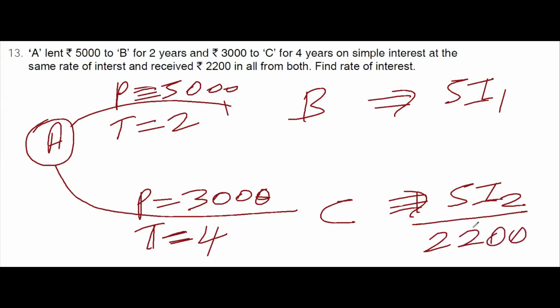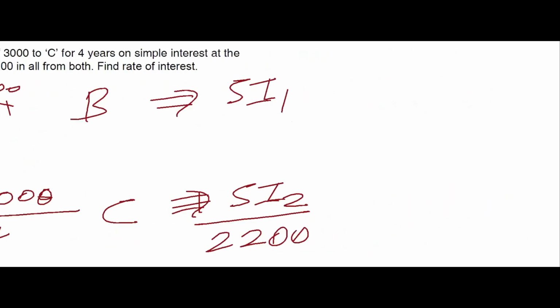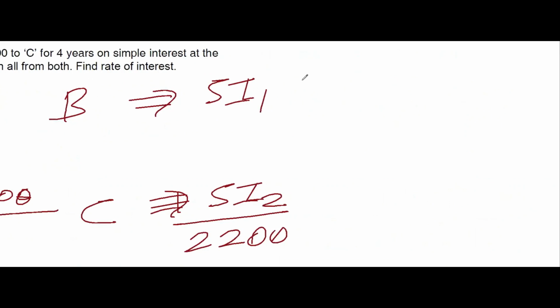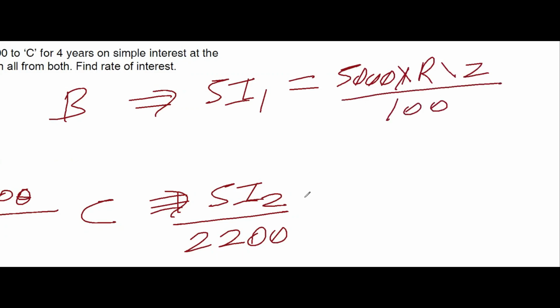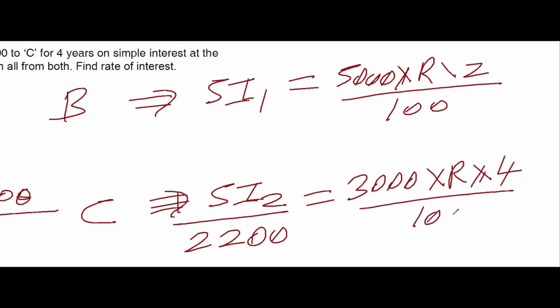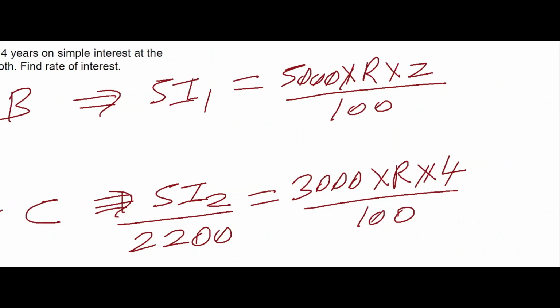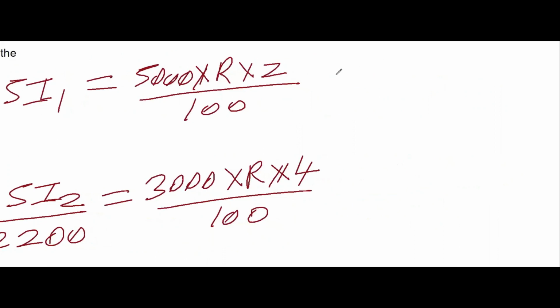2200. Okay, so I am going to apply the formula of simple interest 1, that is 5,000 into r, which I don't know, years it is 2, upon 100. Similarly, simple interest 2 will be 3,000 into r for 4 years, then divide by 100. So when I add these two, I should get 2200. I'm adding equation number 1 and equation number 2.